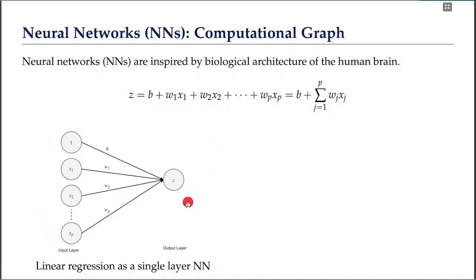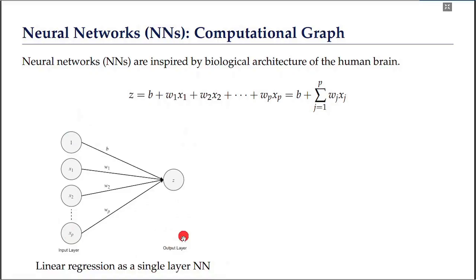On the output layer we have only one node, and this node represents Z. So this is just a representation of multiple linear regression as a single layer neural network model. We have an input layer and an output layer.